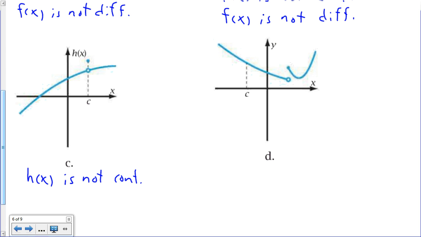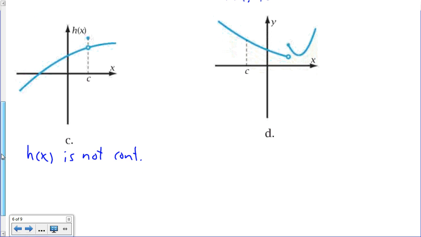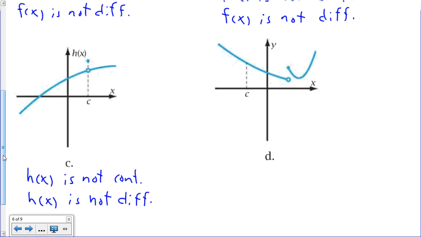It's that point up above. The limit exists. That's where the hole in the graph is. But those two are not equal to each other, so it fails the third part of the definition of continuity. And again, using that contrapositive we just stated, if you're not continuous, then you're not differentiable. So we fail at both of those in that case.